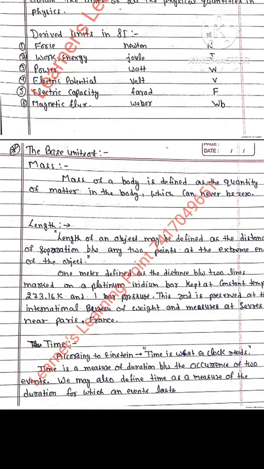And after that, length. What is length? Length of an object may be defined as the distance of separation between any two points at the extreme ends of the object. For example, if your school is 10 kilometers far from your home, then the length between your school and your home is 10 kilometers, and the MKS unit of length is meter.